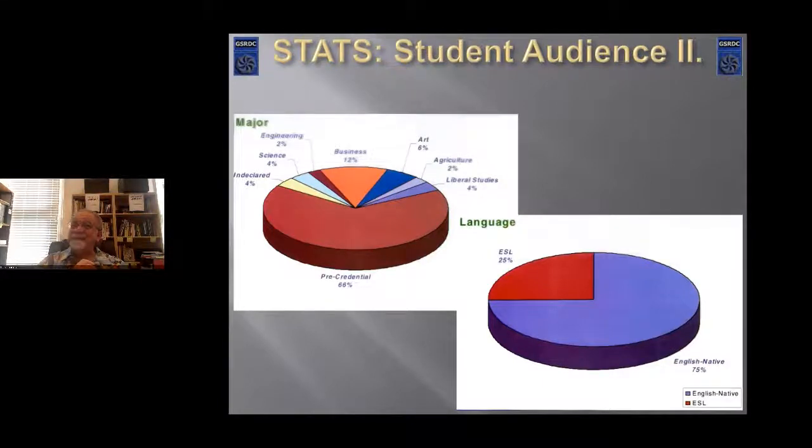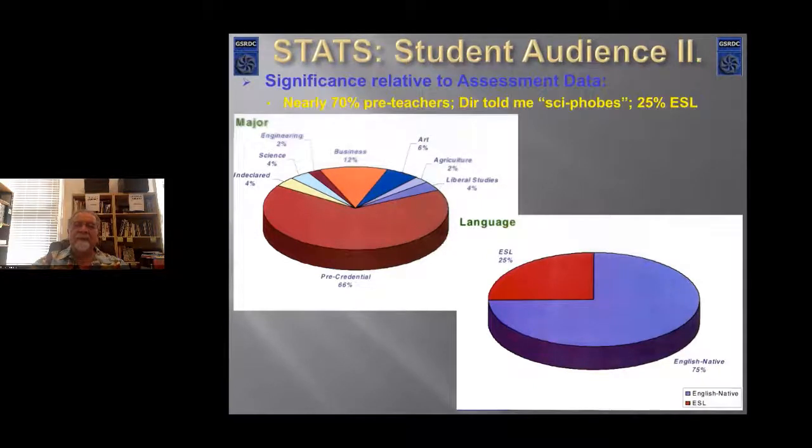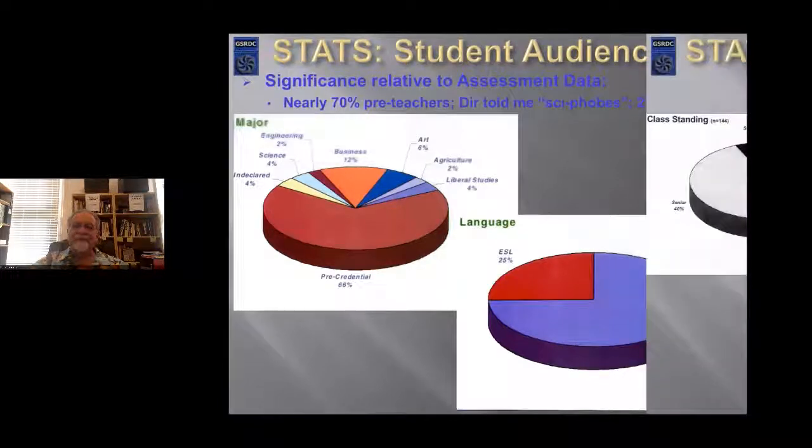They hated science and disliked it. So I was getting the worst of possible groups, you might say, because of that. But it turned out to be a good test of whether this was good science to learn. So nearly 70% were pre-teachers, and that director told me about 25% of them were science phobes.